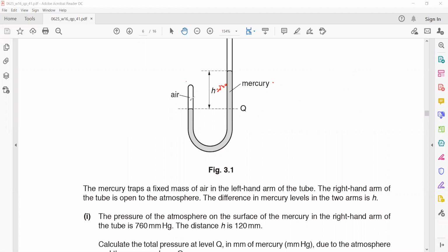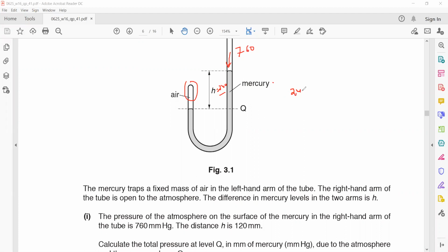So what is the new pressure of air? The new pressure of air is equal to 240 plus 760. 760 is the atmospheric pressure and 240 is due to the pressure of the mercury.